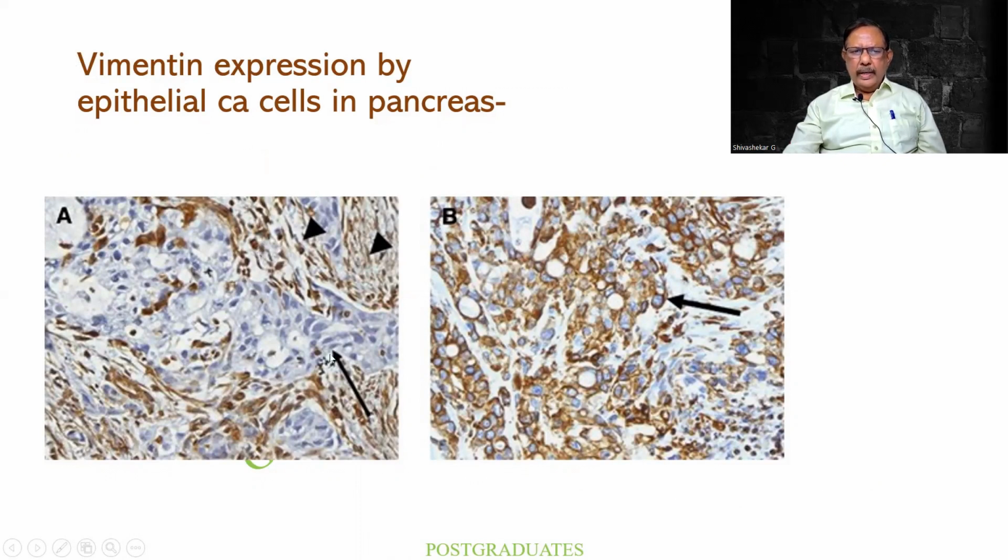This is a tumor, in the early cases this is the epithelial element of it, and it has already invaded the stroma. But there is not much vimentin over here. As it becomes more aggressive, you find that it is strongly positive for vimentin. It is a case of pancreas. I think even the endometrium or the cervix can be classical examples of this.